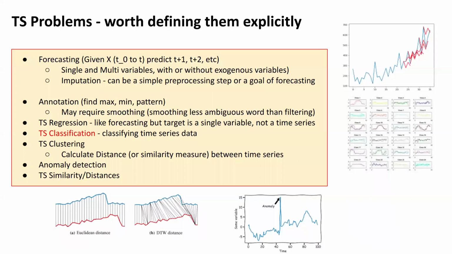Another task that I worked on before is time series regression. You can define what it is starting from forecasting. In forecasting, you predict a time series; your dependent variable is a time series. For regression, it's a value.